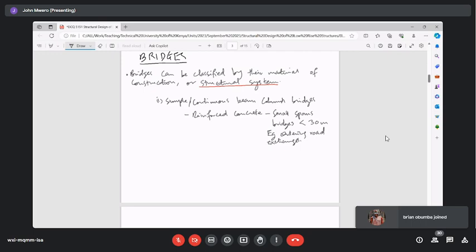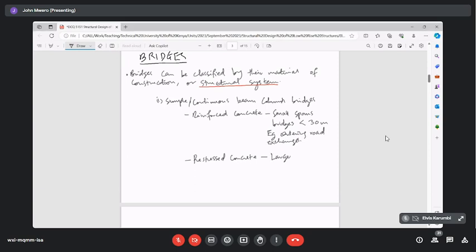Then we can have them in concrete, but pre-stressed concrete. With pre-stressed concrete, you can do much larger spans, even hundreds of meters of spans.